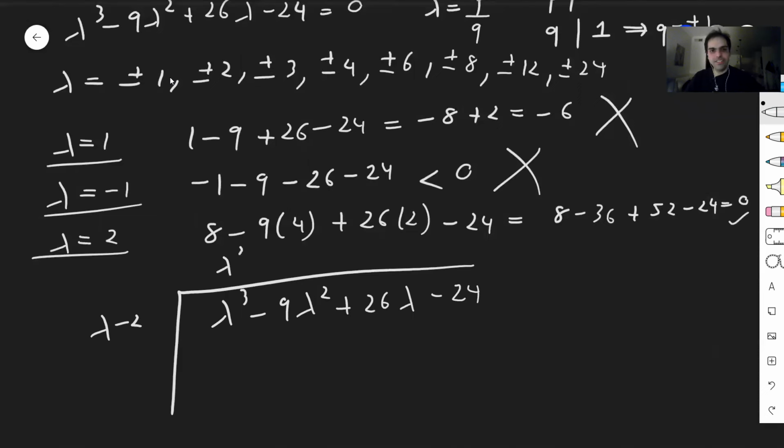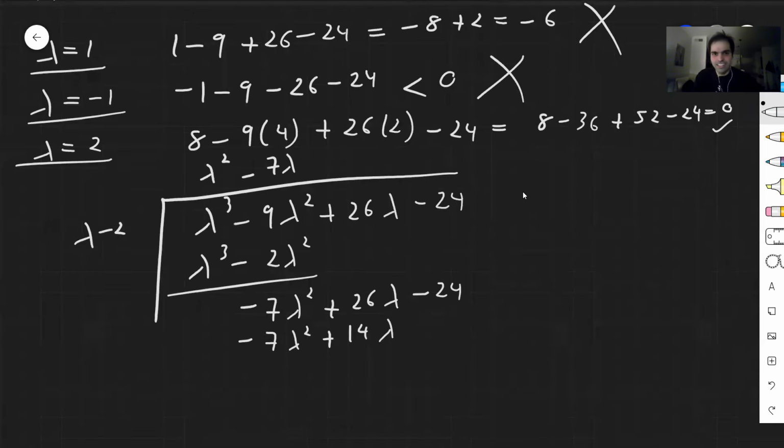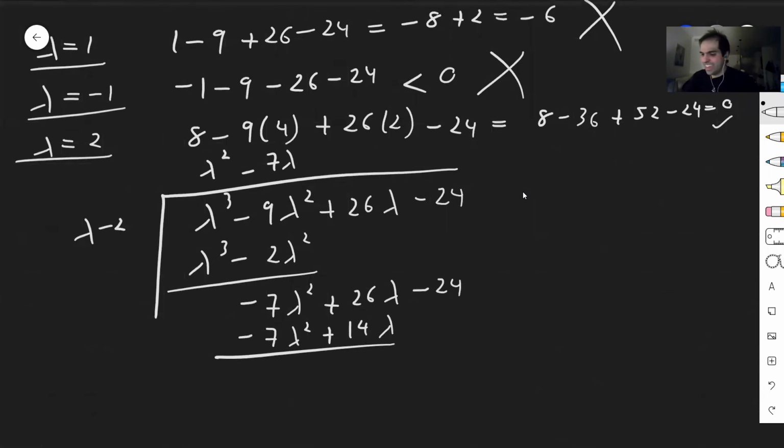All right, so let's do lambda squared. Again, this is super meditative for me. So lambda cubed minus 2 lambda squared. That becomes minus 7 lambda squared plus 26 lambda minus 24. So let's do minus 7 lambda. And then we get minus 7 lambda squared and then plus 14 lambda. Okay, and then imagine your professor asks you that on an exam.